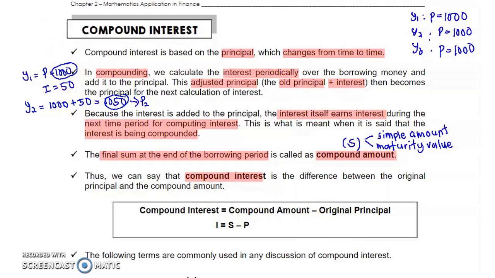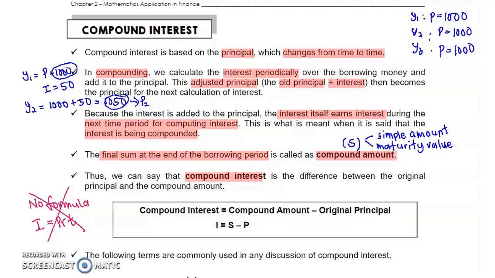Remember, under the topic of compound amount, don't use the formula I equals PRT. I equals PRT is only for the topic of simple interest. Another thing, how to differentiate between simple interest and compound interest.